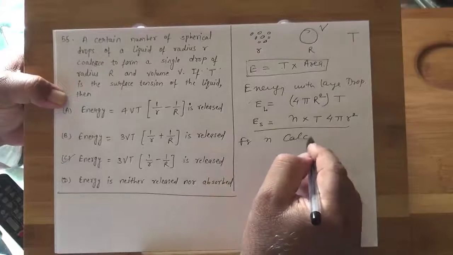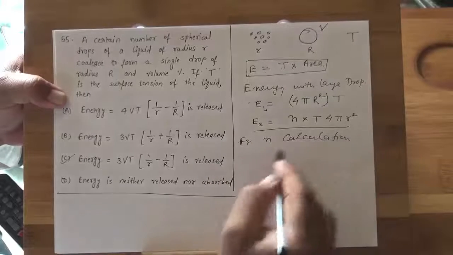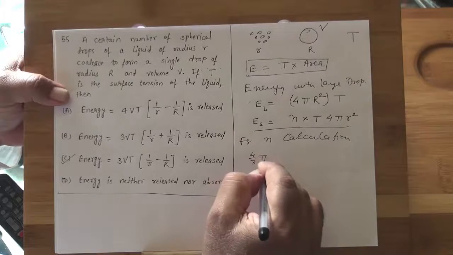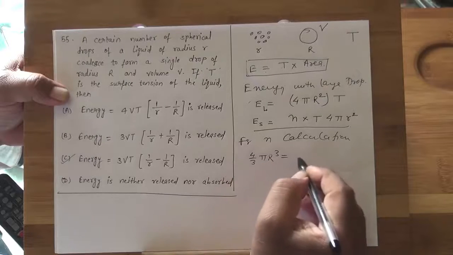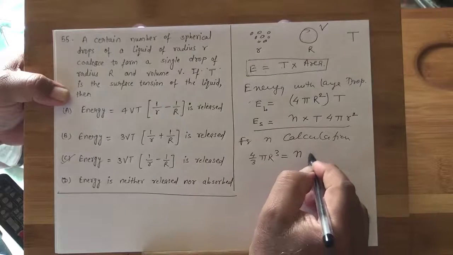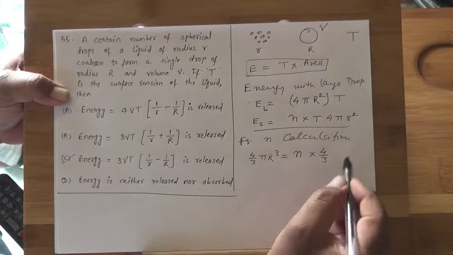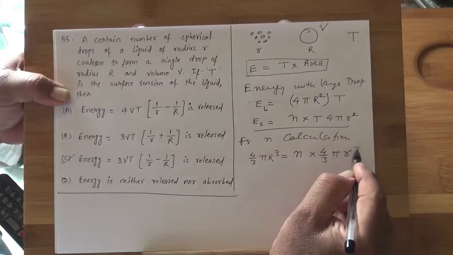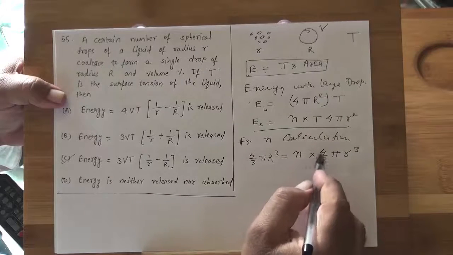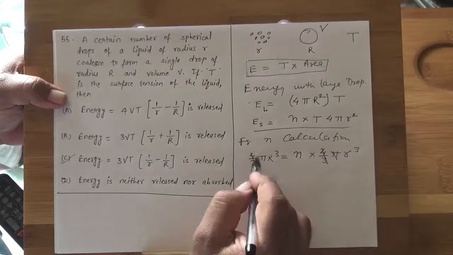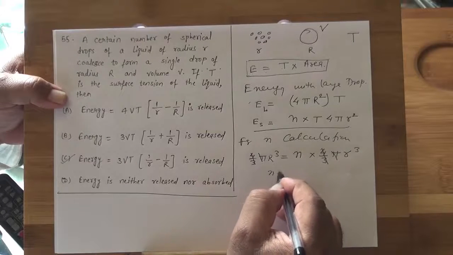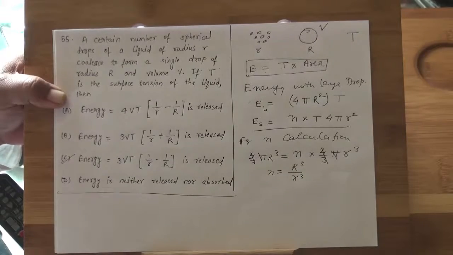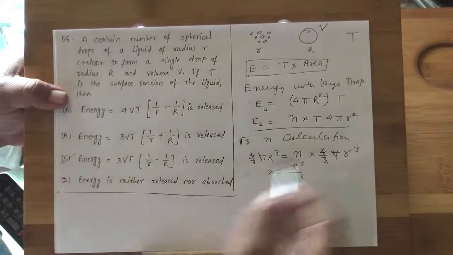For n calculation, the volume of the large drop is 4 upon 3 pi R cube. This is equal to sum of n drops of small volume. Small volume is 4 upon 3 pi r cube. And here you get the value of n. So n is equal to R cube upon r cube. What is n? The number of drops. Where do we want it? We want it here.